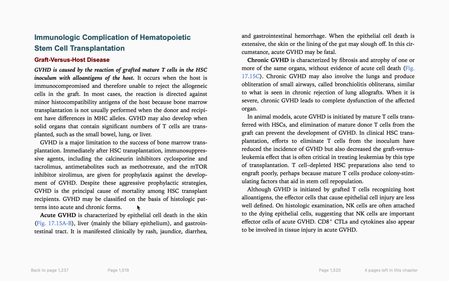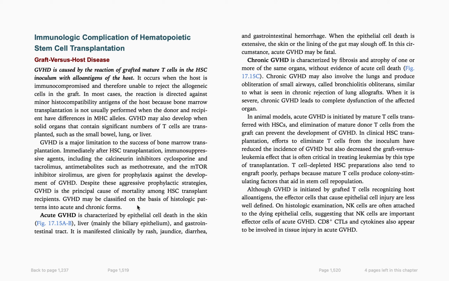In clinical hematopoietic stem cell transplantation, efforts to eliminate T cells from the inoculum have reduced the incidence of GVHD, but also decreased the graft versus leukemia effects that are often critical in treating leukemias by this type of transplantation. T-cell depleted hematopoietic stem cell preparations also tend to engraft poorly, perhaps because mature T cells produce colony-stimulating factors that aid in stem cell repopulation.